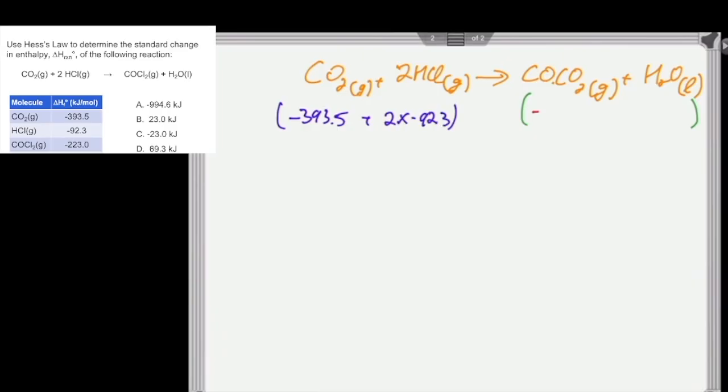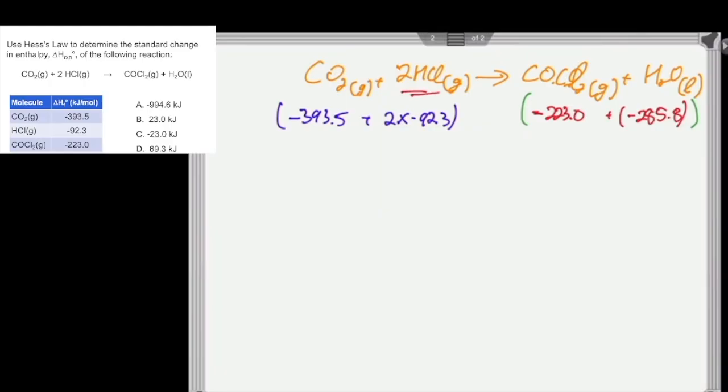That's our sum of our starting materials. The products: we've got COCl2, minus 223.0, and we're adding to that minus 285.8. The only stoichiometry we have to watch here is the value of our HCl.